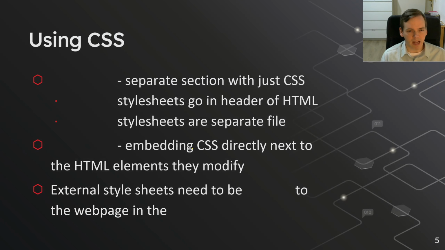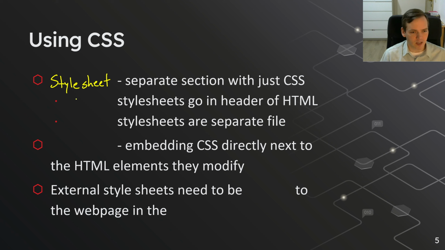So if we want to talk about actually using CSS, there's a couple ways that we can include this in our code. So the first is if we have a style sheet. This is where we write all of our CSS in a separate section. All of our CSS code goes by itself, and that's in a style sheet.